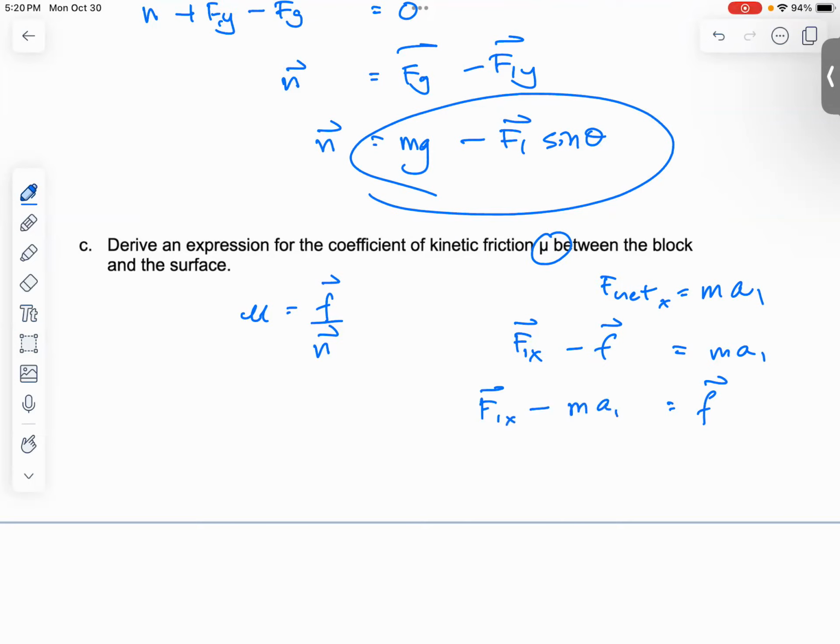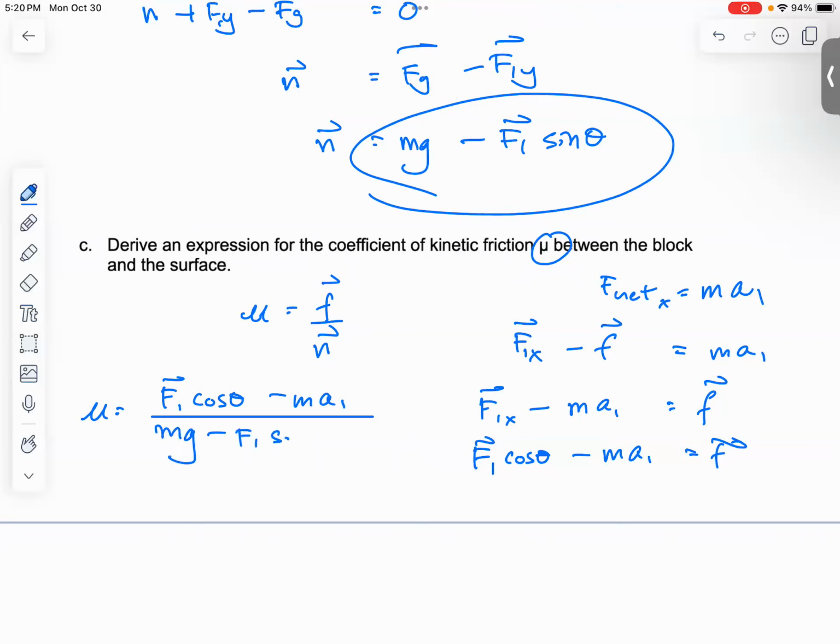And F1 in the x direction is simply F1 times cosine theta. So we will go ahead and put this lengthy, not so pretty expression over here. And it's okay.